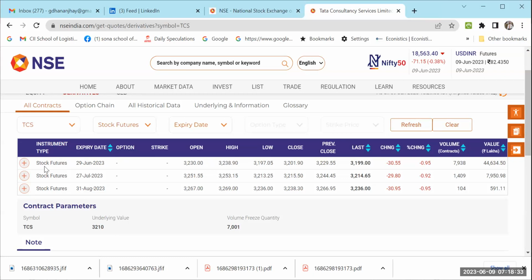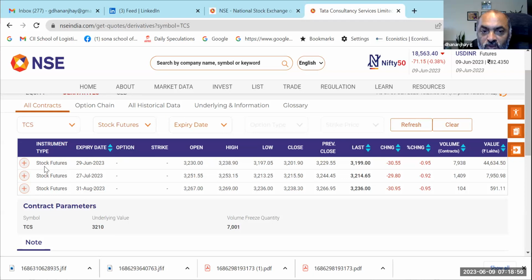Sir, when we have entered in one contract of 29th June, can we reschedule that one for 27th July or not? No, you have to sell that, you have to close that position, and again go into 27th July. Okay, sir.